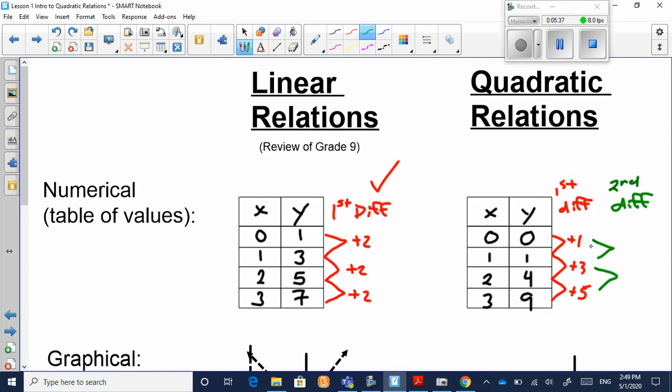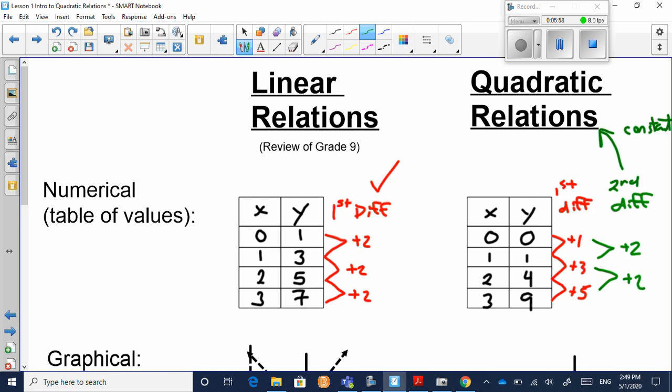As they go from 1 to 3, the second difference is that it increases by 2. And as it goes from 3 to 5, it increases by 2. And so we're going to see that quadratic relations have a constant second difference.